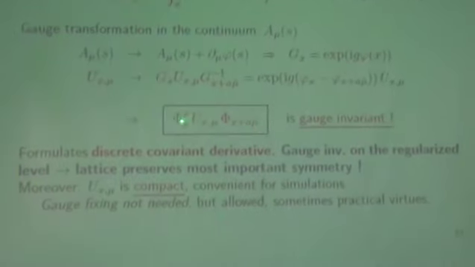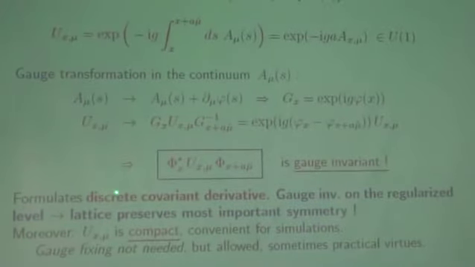And we saw that this is gauge invariant. So we have a discrete covariant derivative. It proceeds in a finite step over a link, but it is fully covariant. So we have now implemented the most important symmetry, namely the gauge symmetry, which must be exact for the theory to be a consistent gauge theory. The difference from a continuum formulation is that we don't deal with fields in the algebra, but with fields in the group.